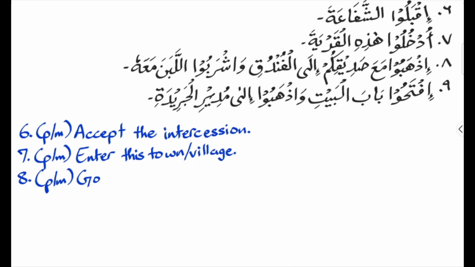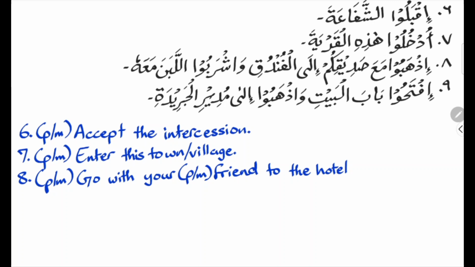Go with your friend, with your, which is again plural and masculine, and صديق is friend. إلى الفندق. إلى is to. الفندق is the hotel. Notice how al-funduq is getting a kasra on the qaf, which is the last letter, because of the ila coming before it, which is harful jar. Go with your friend to the hotel.